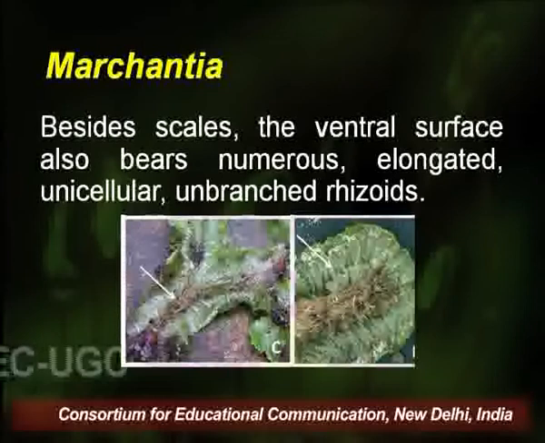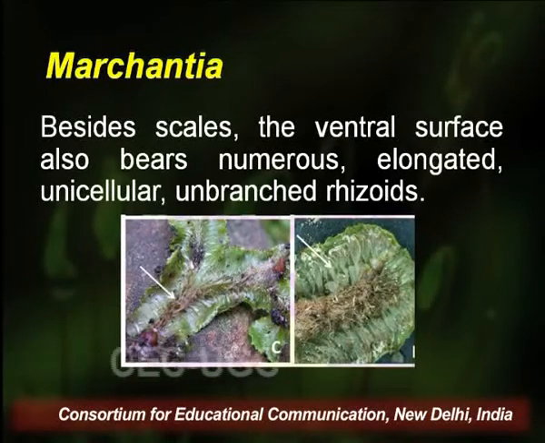Presumably, both types of scales protect the growing tip from desiccation and retain water through capillary action. Besides scales, the ventral surface also bears numerous elongated, multicellular and unbranched rhizoids.